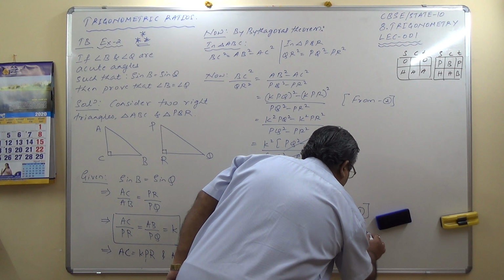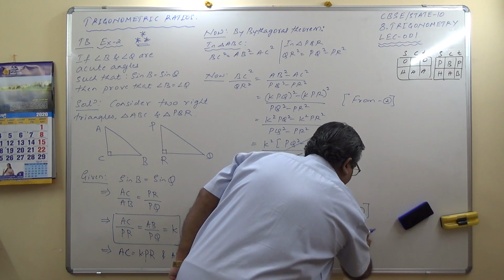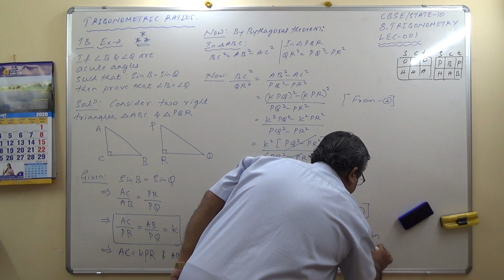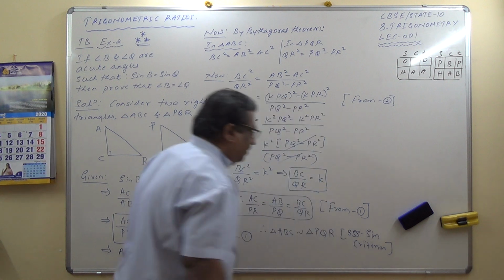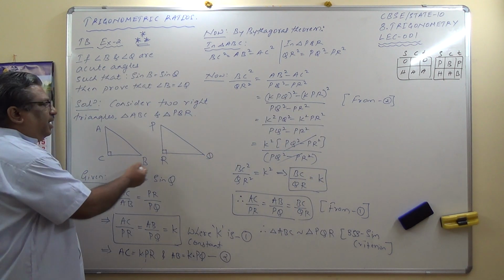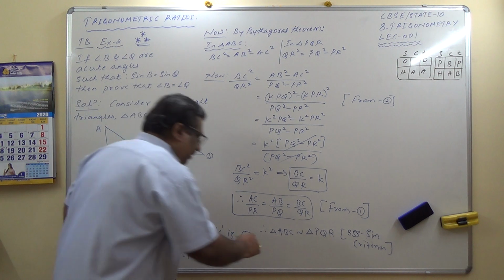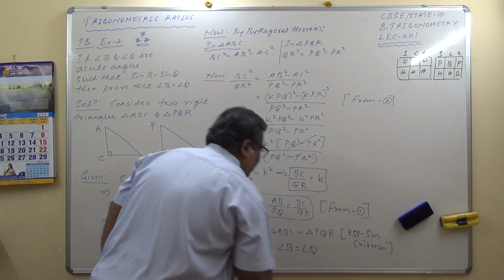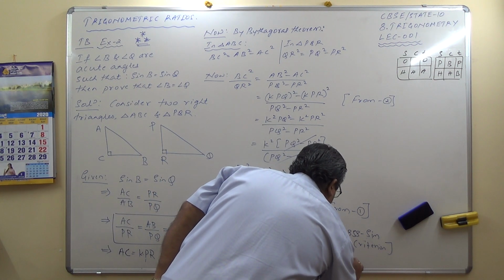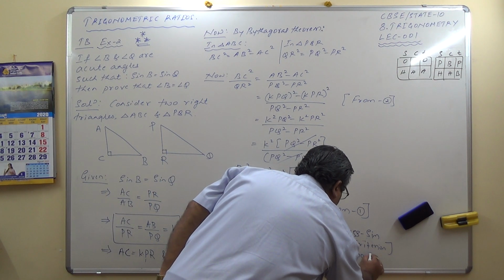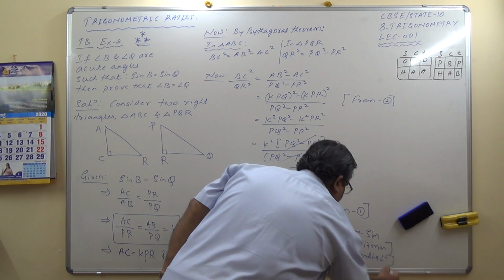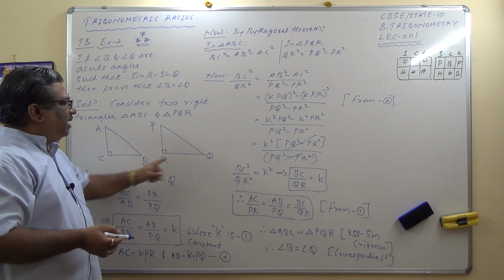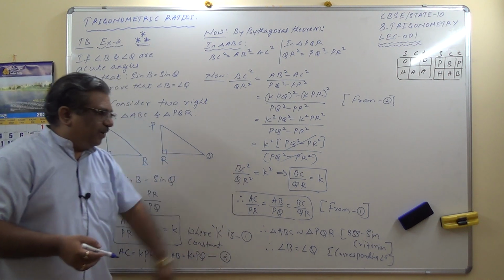And therefore angle B equals angle Q, corresponding angles. These are not corresponding angles of parallel lines and transversal. In these two triangles B and Q are corresponding angles because these are similar over here.